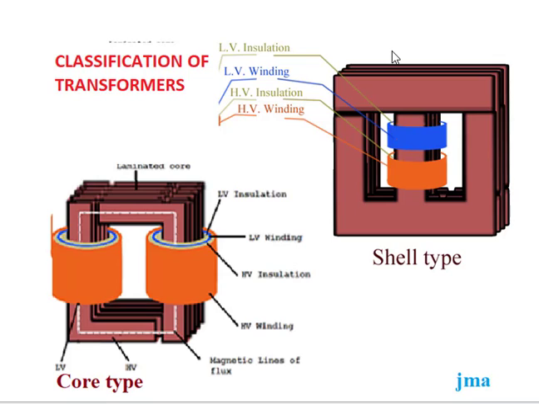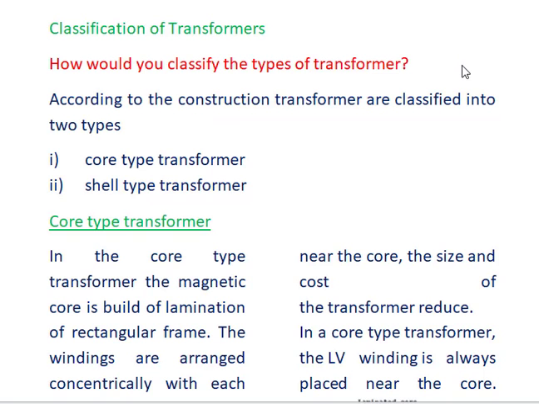In this class, we are going to discuss the classification of transformers, the different types of transformers, the shell type, core type, and depending upon the voltages and the construction. According to the construction, the transformers are classified into two types.